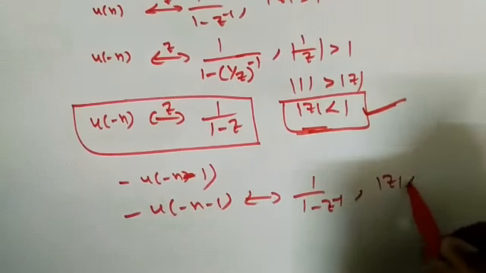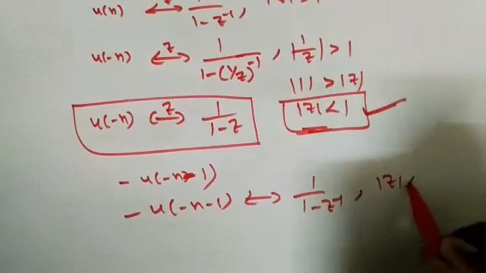Suppose x of n is a real signal. Then x conjugate of n is nothing but x of n, right? Then the z transform of this is x conjugate of z conjugate. This will be as it is. That means x of z will become x conjugate of z conjugate, right?